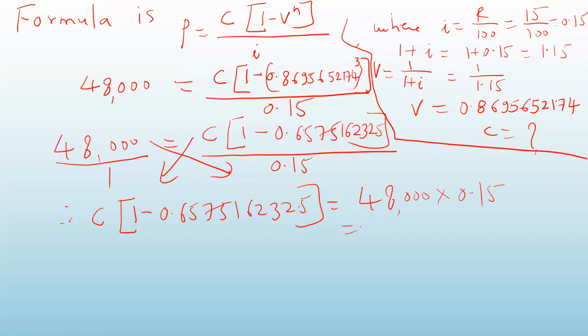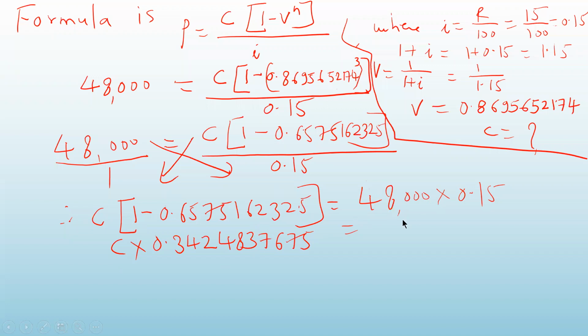Okay, so you can find out this. When you subtract this number from 1, you will get 0.3424837675. Okay, so 1 minus this gives you this much.